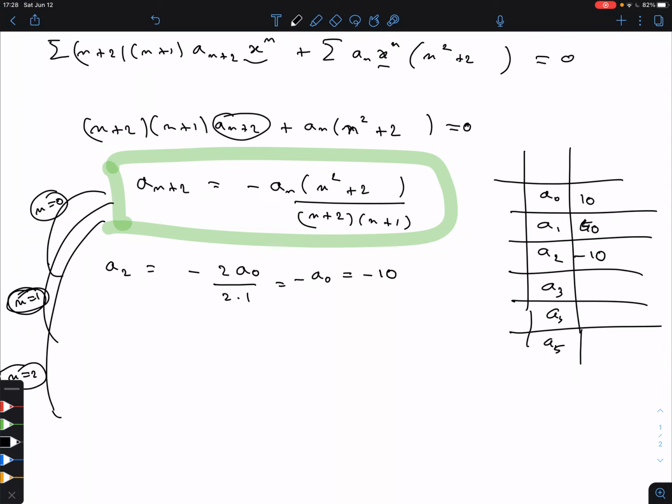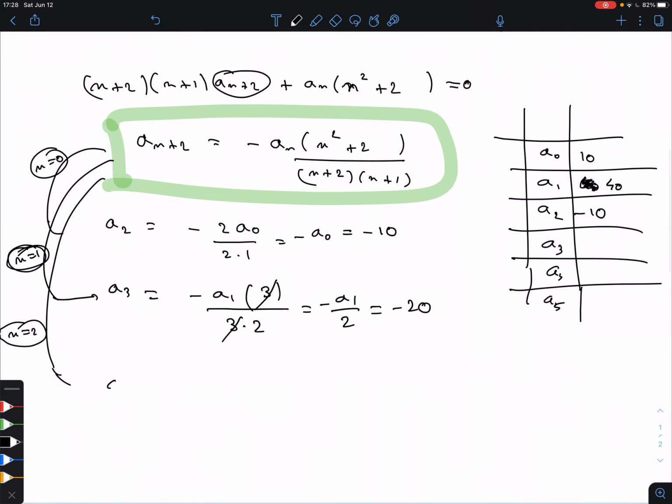Okay. So A3, we get for n equals 1. So then we get minus A1, and then we plug in 1, so I get a 3 there, and in the bottom we get 3 times 2, so the 3's cancel, I get minus A1 divided by 2. This was 40, right? I'll go back to what I originally said, minus 20.